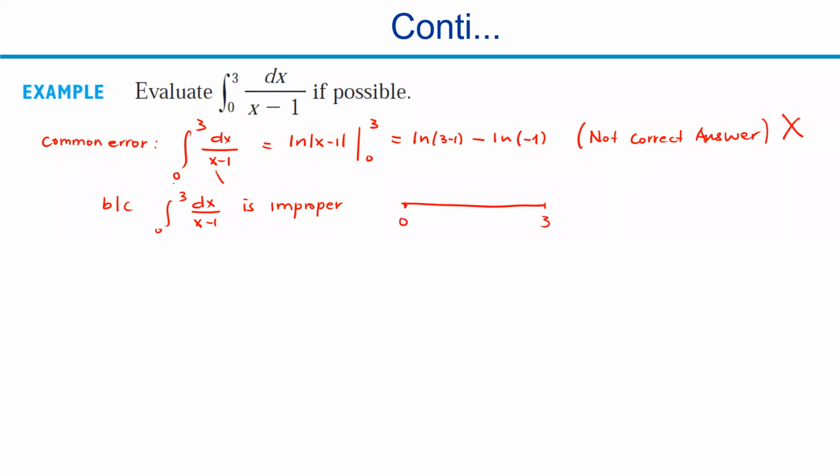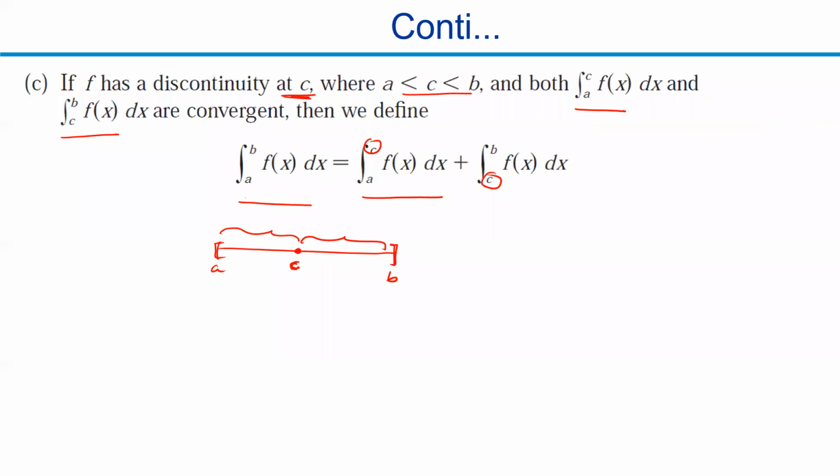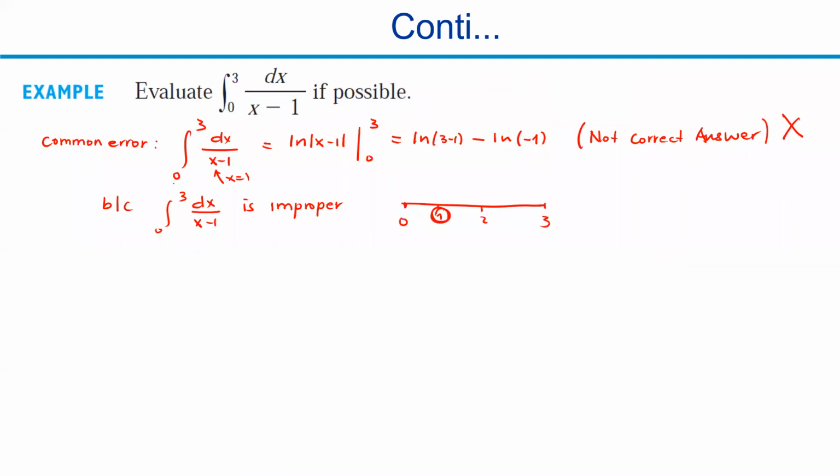But we know that at x equal to 1, we have a vertical asymptote. At this point there is a problem, yeah? Now, if you remember, we can use this method because the discontinuity is between A and B. So our C will be number 1.